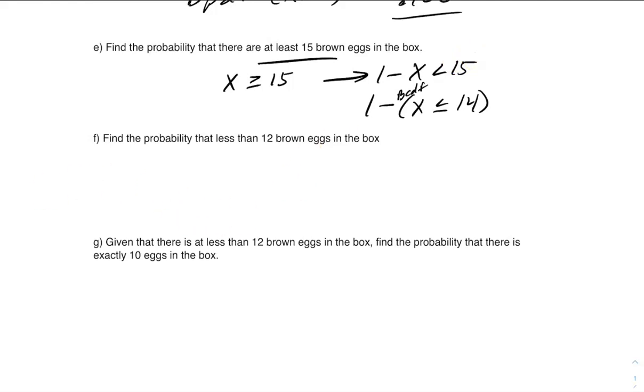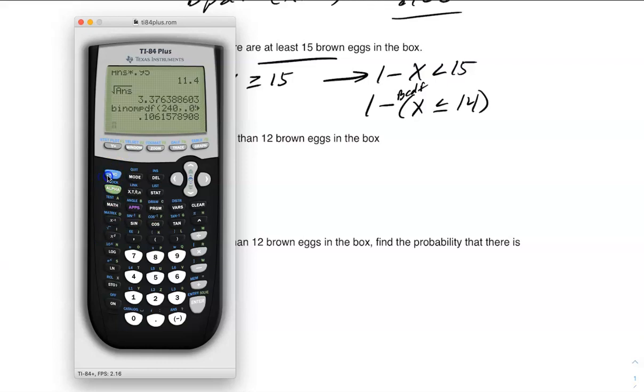So back to our calculator. Second distribution, binomial CDF. Did I put 1 minus first? I meant to do 1 minus first, because sometimes you forget when you don't do it beforehand. You just put the answer down because you're so excited to get the answer.